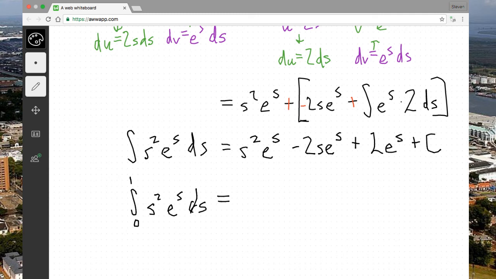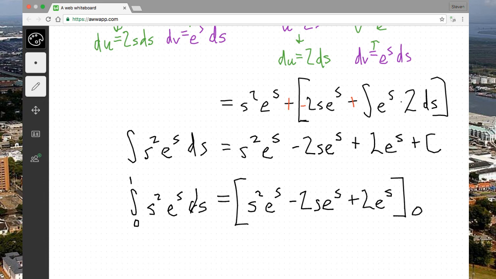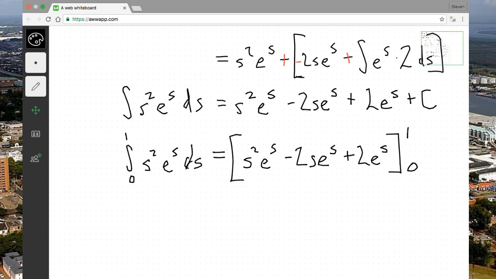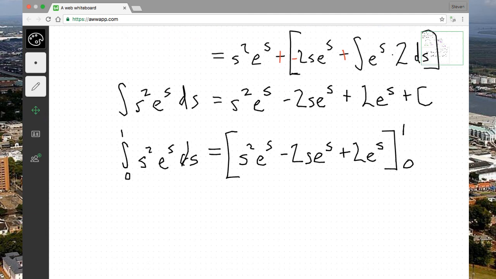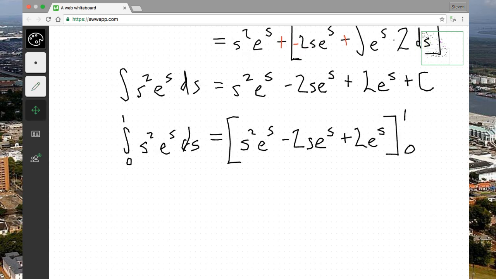And then I can just put big brackets around the entire antiderivative using the fundamental theorem of calculus here, and evaluate that from s equals 0 to s equals 1. I don't have to do any change of variables unlike substitution because I just kept my solution in terms of the original variable s. So now it's just a matter of plugging in the top minus the bottom.